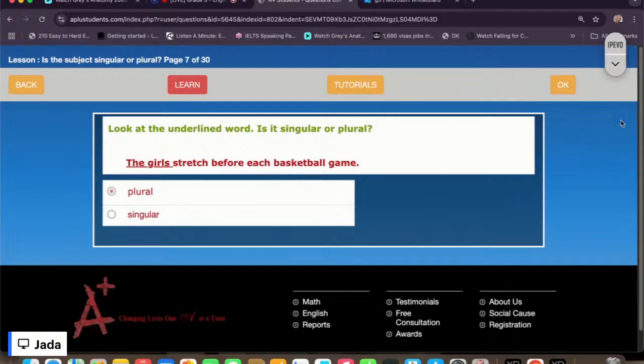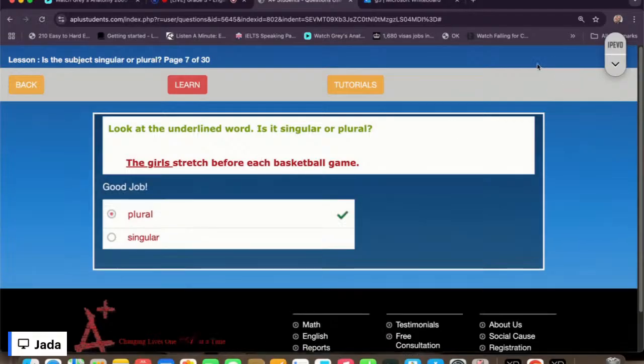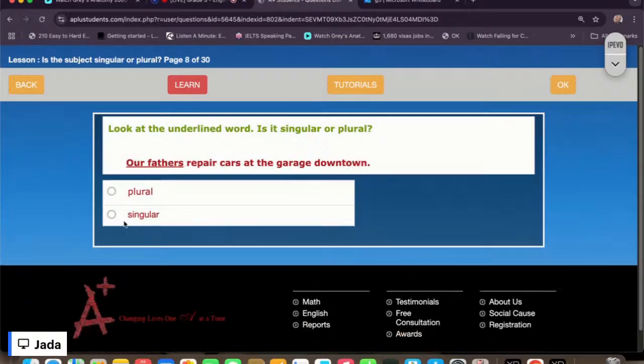All right, so we have plural for the girls. Our fathers repair cars at the garage downtown.